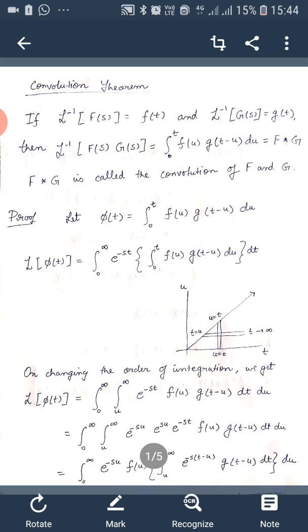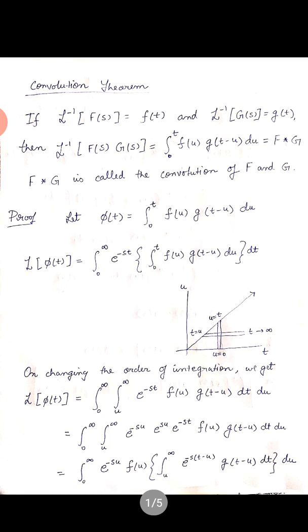The Laplace transform of phi(t) can be represented as the integration from 0 to infinity, and the integration from u to infinity. So we are taking the limits t equal to u to infinity, and for u the limits 0 to infinity. I have already explained in this figure why we are taking the limits t equal to u to infinity and u equal to 0 to infinity.